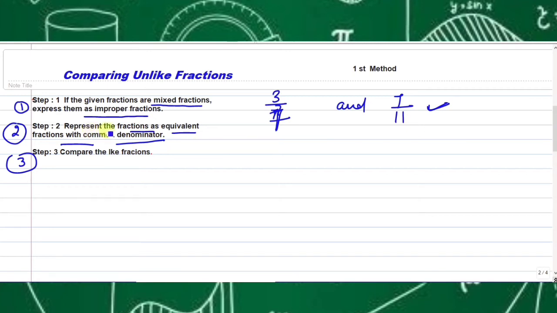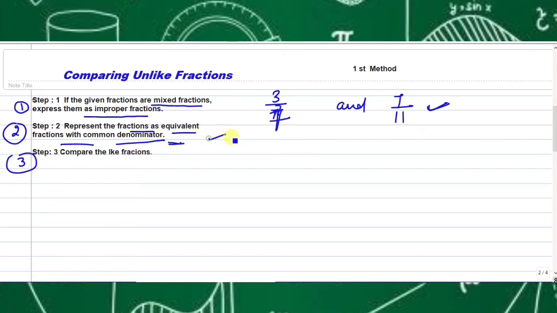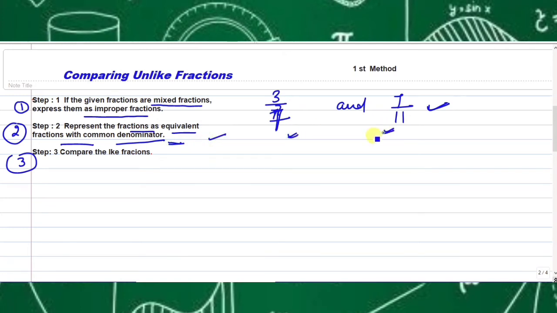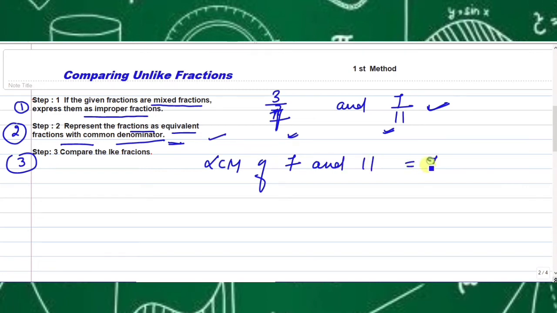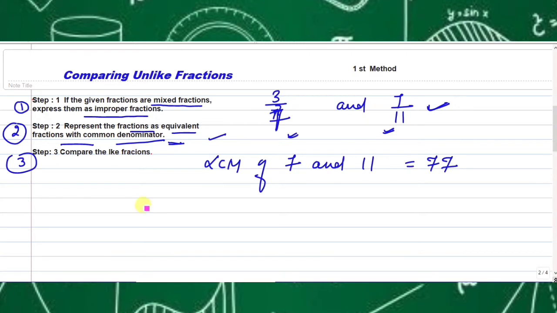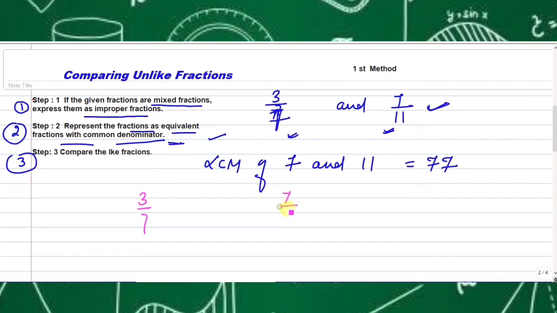Now second step, represent the fractions as equivalent fractions with a common denominator. Here you can see the denominators are not equal, so we will take the LCM of the denominators. So the LCM of 7 and 11 is 77. Then you will make this equivalent.